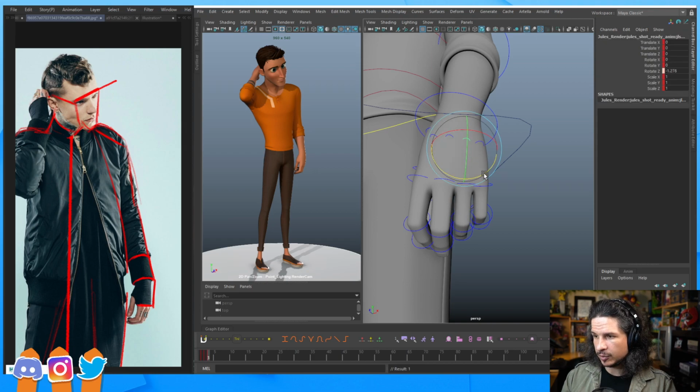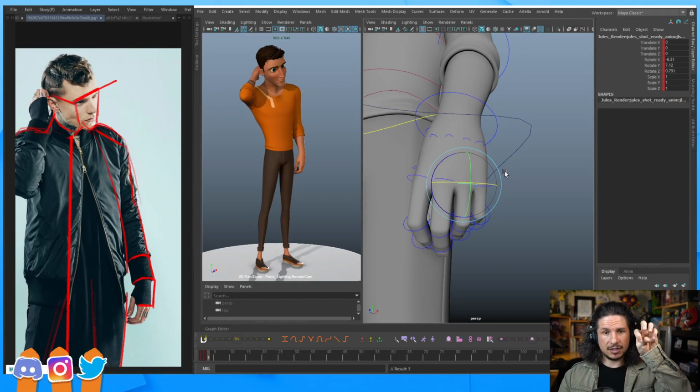The metacarpals do move. It's not going to be a ton. It's not like we can just flex and web our fingers, but just doing a little bit there makes a big difference.